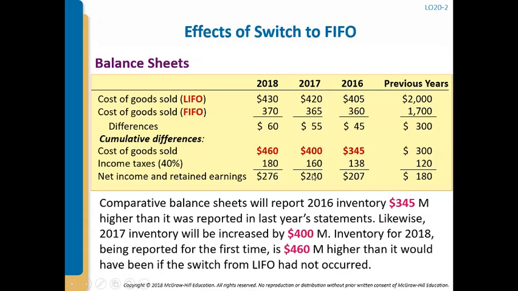At the beginning of 2018, which is the same as the end of 2017, you've got income taxes there of 160 and the net income and retained earnings increasing by 240. So that's what they're doing. They're making the adjustment as of the beginning of 2018, because those are the numbers that have to be adjusted at beginning of year.